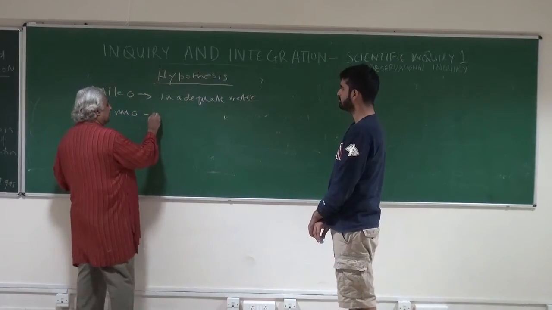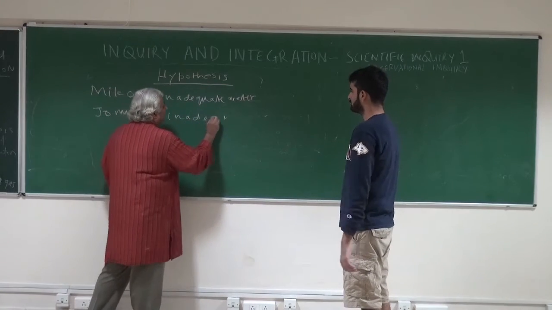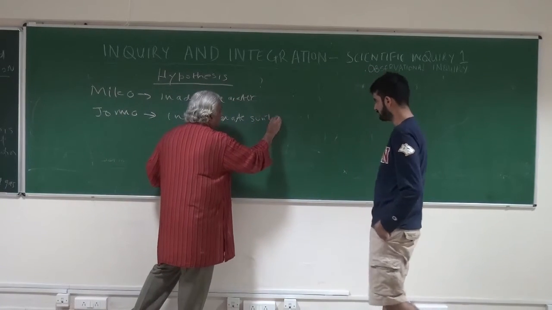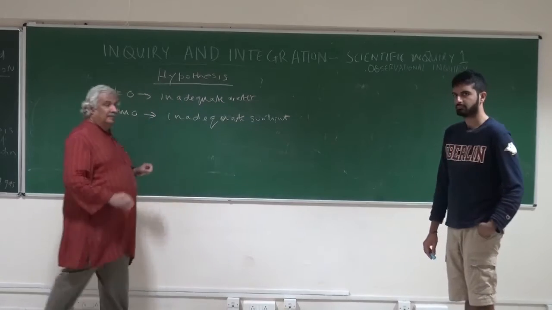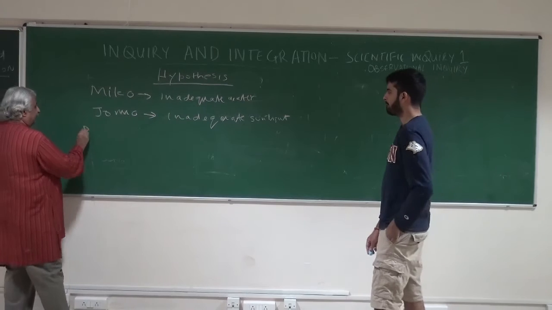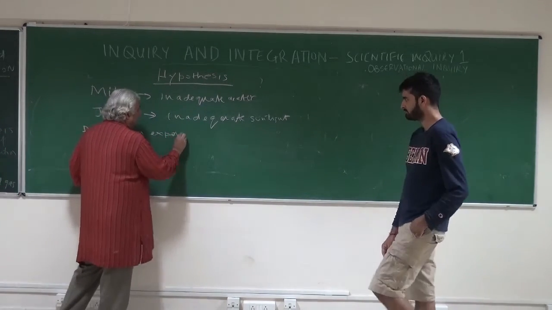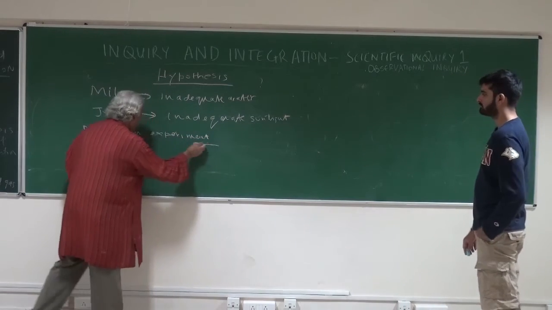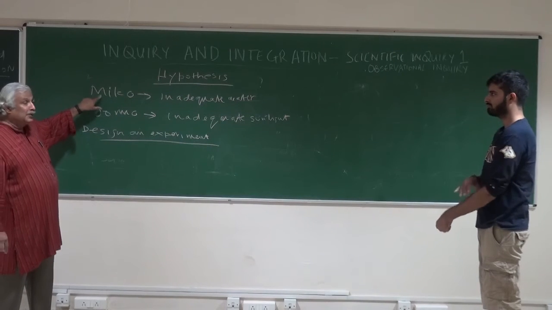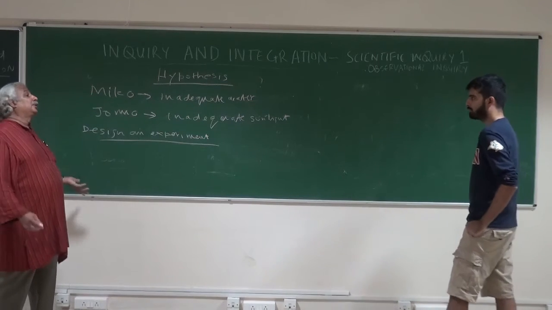And Jomo's hypothesis is that chilies are not hot because of inadequate sunlight. The question would be, how do you design an experiment to find out whether Miko is right, Jomo is right, or maybe both are right, or maybe both are wrong?